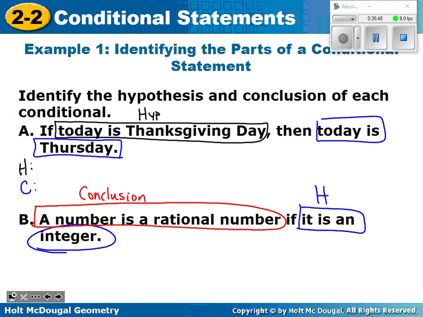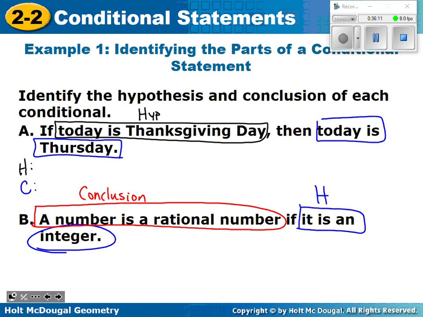Okay? If we wanted to rewrite it so that it was an if-then form, here's where I will be picky. This is the English teacher part. You should never start a sentence with if it, if they, if them. Who's it, they, and them? Be specific. So I would not start this sentence with if it is. I would go back and identify my subject.